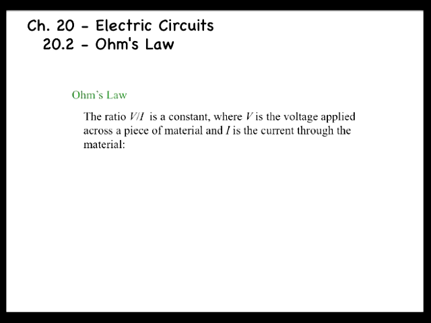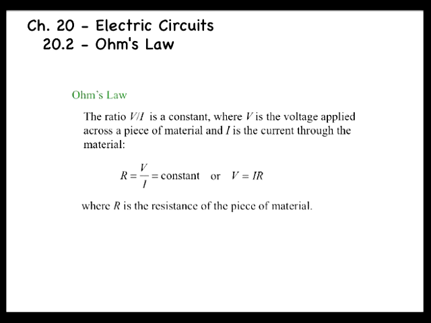This is expressed mathematically as R equals V divided by I, which equals a constant, or V equals IR, where R is the resistance of the piece of material. The SI unit of resistance is the volt per ampere, which is defined as the ohm, and given the symbol omega. We'll soon see how Ohm's law can be applied to find resistances, currents, and voltages in practical circuits.